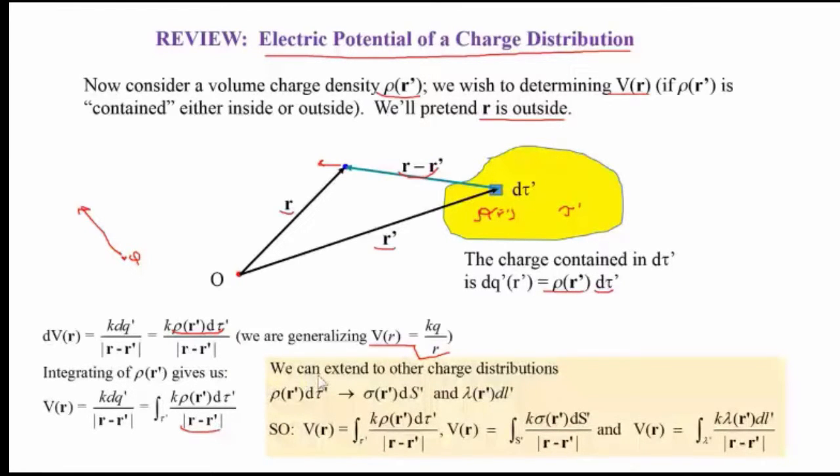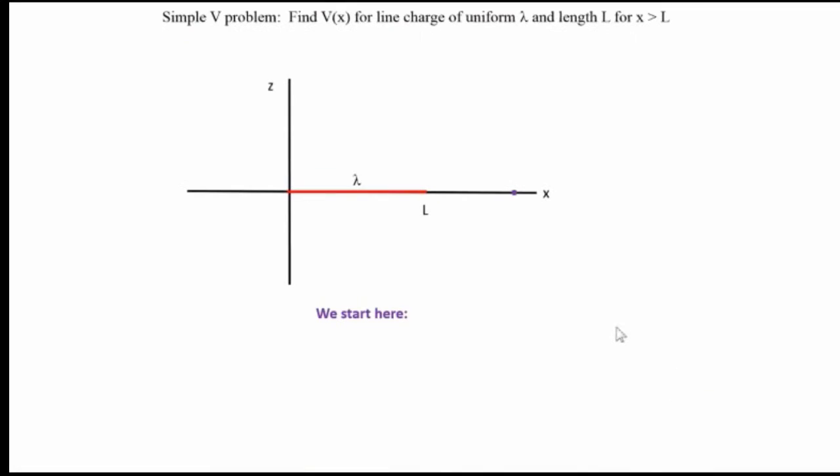And I just wanted to remind you that you can extend these kinds of arguments from the volume to the surface to the line charge, and they just take on the form of these three equations. You'll notice that a surface charge density times the surface area and a line charge density times the length gives us the differentials of the charge.